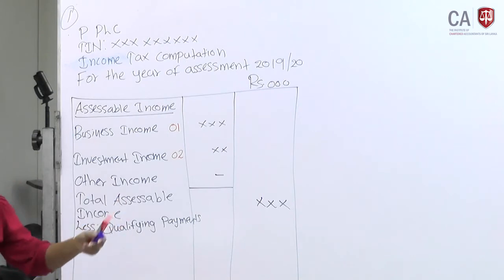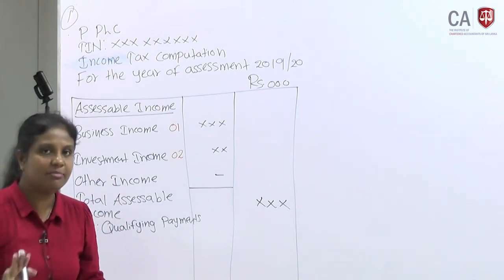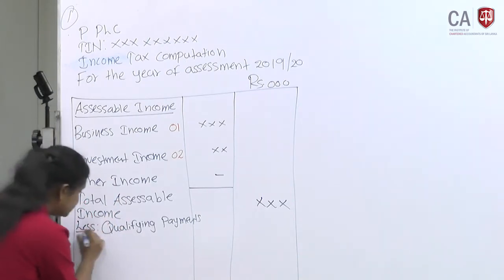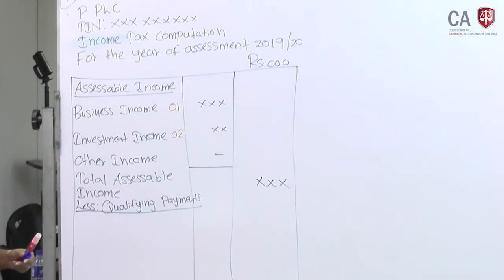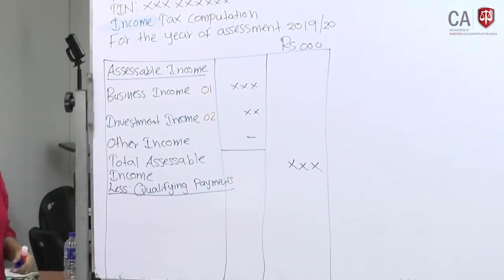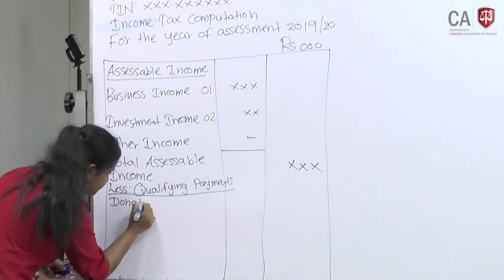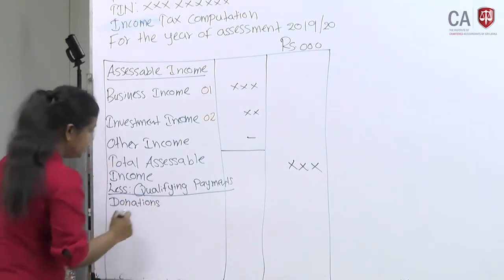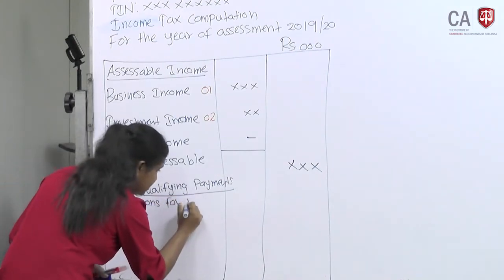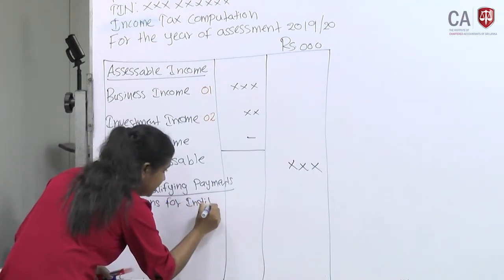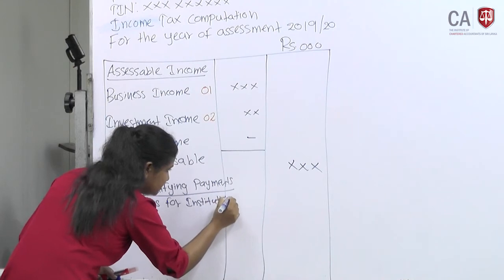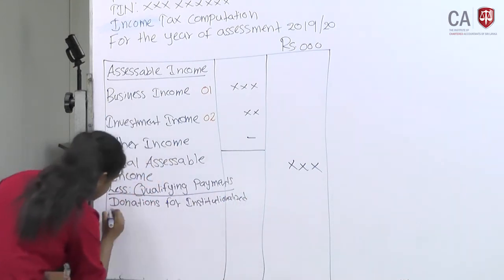Don't write relief. Reliefs are not applicable for the company. Less qualifying payments. Relevant qualifying payments may be donations for institutionalized care for the sick or needy.